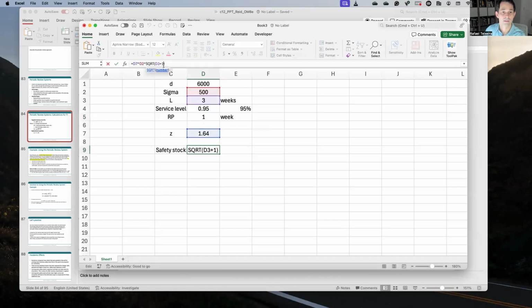Okay, now I'm getting the function. So again, it is my Z value times my sigma times the square root of my lead time and review period. That's my safety stock, 1,644 units.